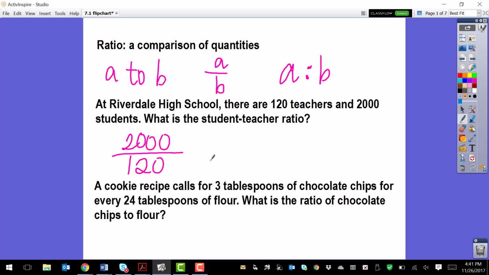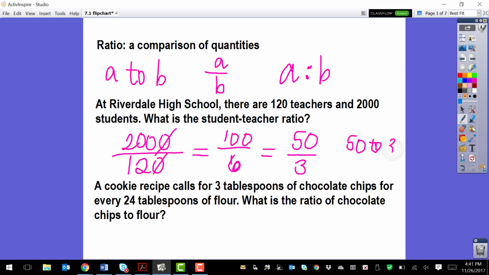Then I want to make sure that I reduce it as much as possible. So I'm going to take off a 0, and then divide by 2, which gives me 100 over 6, and then I'm going to keep reducing that. I can divide both by 2, 50 to 3. So the student to teacher ratio is 50 students to every 3 teachers.